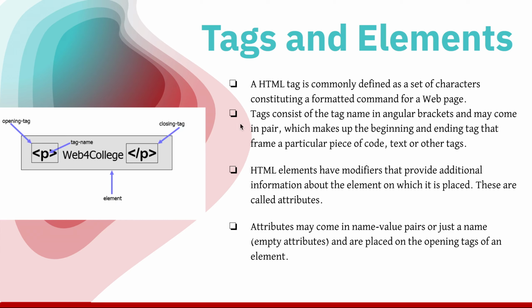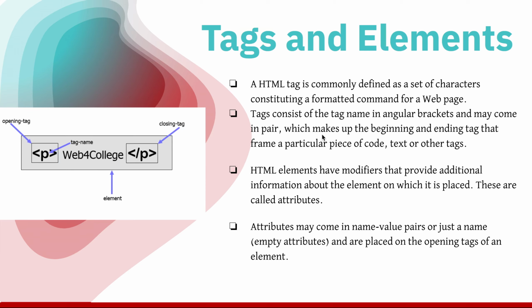The element. So when we come here, a tag consists of the tag name in angular brackets and may come in pair like this one. Okay, so this and this, all right, which makes up the beginning and then what? An ending tag that frame a particular piece of code, text, or other tags, and I just explained that already.